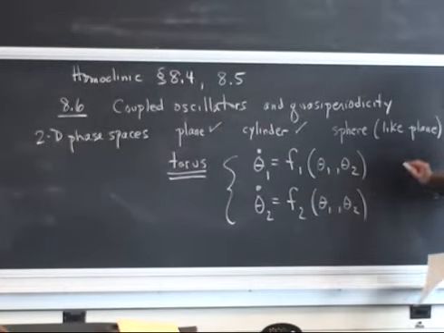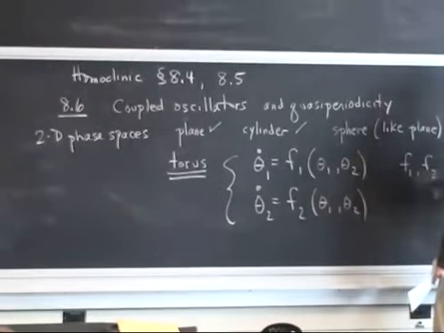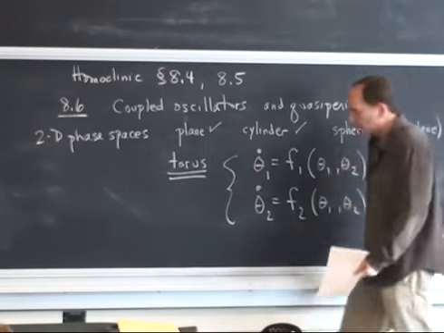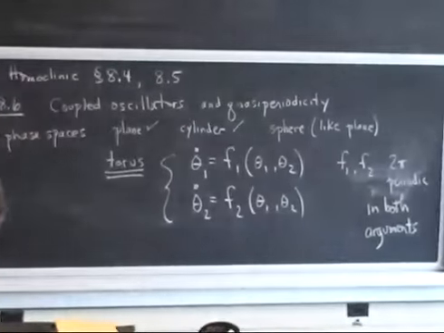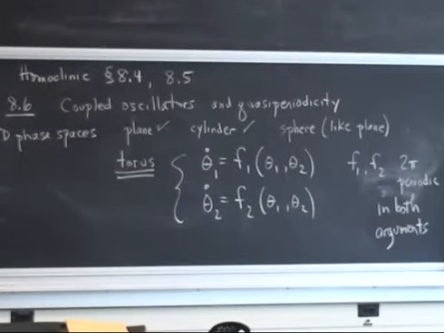And in settings like this, these f's will be 2 pi periodic in both arguments, which is why it's natural to think of these as angles. That is, when you go around 2 pi, you're at the same state, because the f's are periodic.